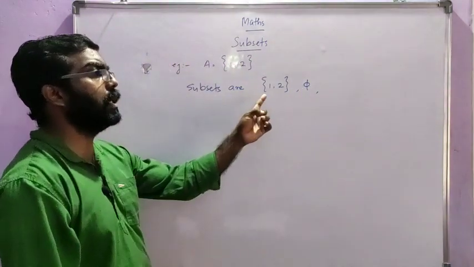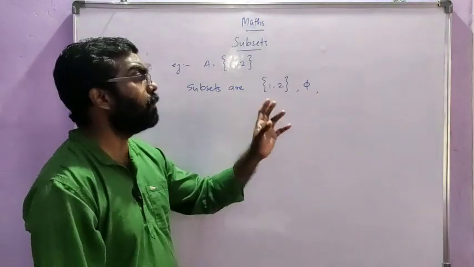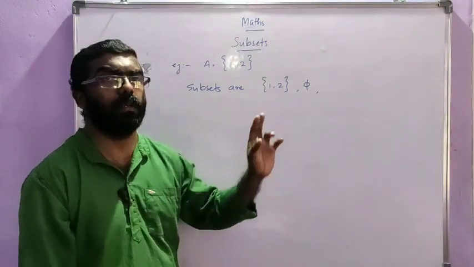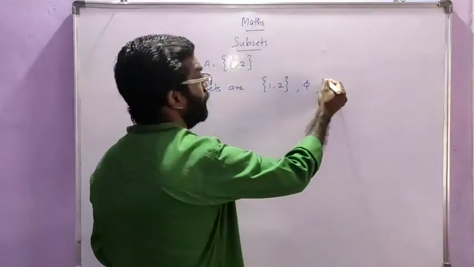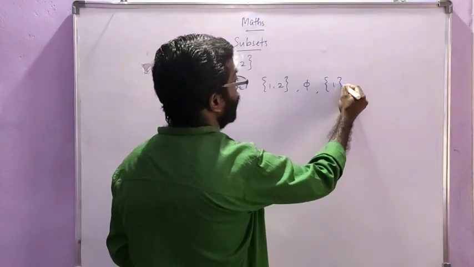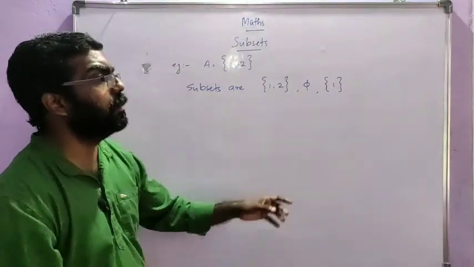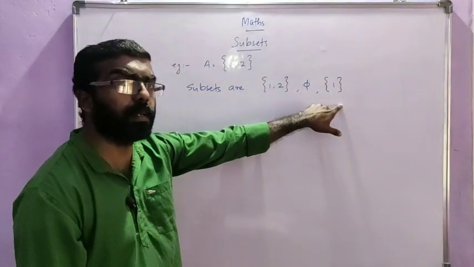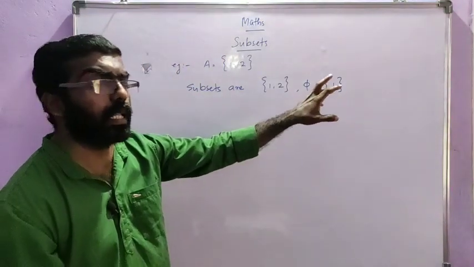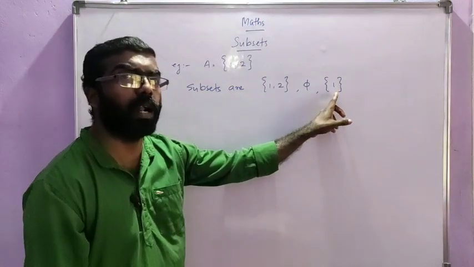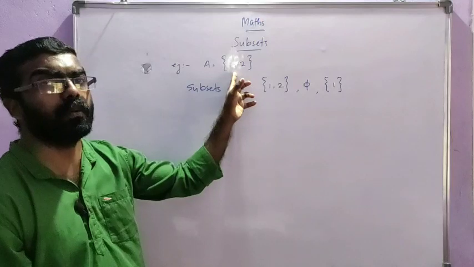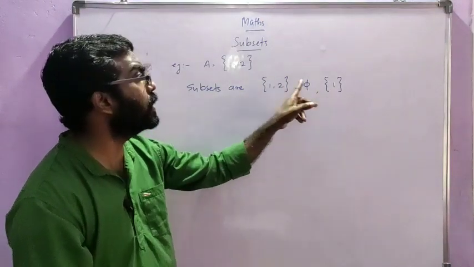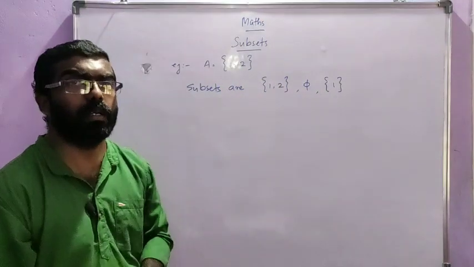Okay, every set is a subset of itself. Phi is a subset of every set. So first of all we can write these two subsets. Then we can write the set 1. We can check, here it is a subset. Why? Here the element of this set is 1, which is contained in the set A. So we can say set 1 is a subset of set 1, 2.